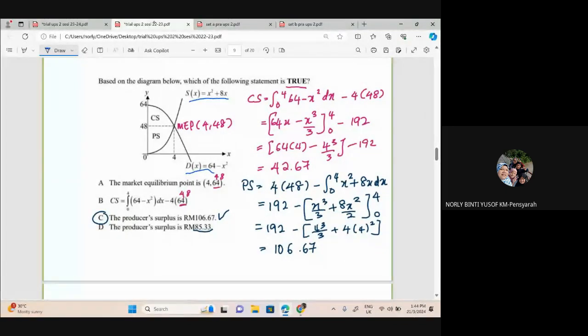Kalau market equilibrium memang salah lah kan. Ini pun salah sebab patutnya XY tapi dia pergi darab 64. 64 tu kat sini is intercept of your demand function. So B pun salah. So you nak tahu betul ke C dengan D, you kena kira lah. So yang betul adalah C. Okay, that is how you treat ataupun you baca soalan tu untuk chapter 3.